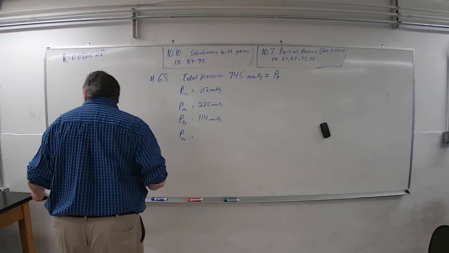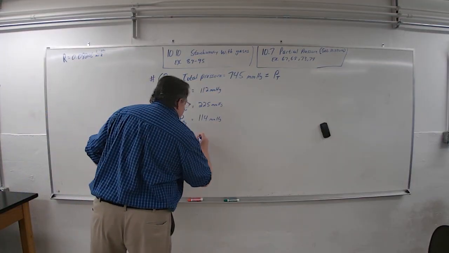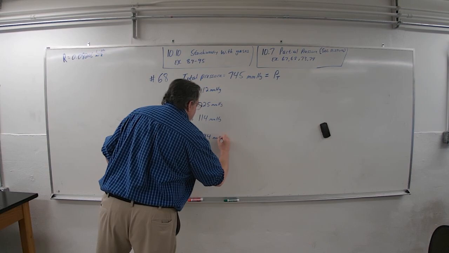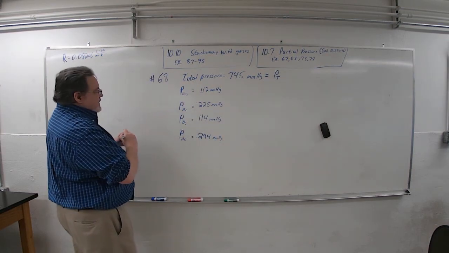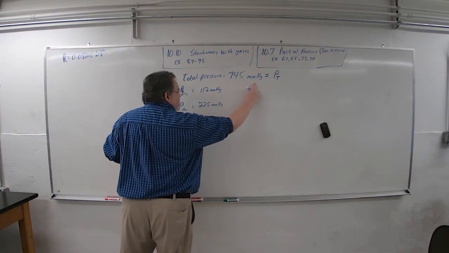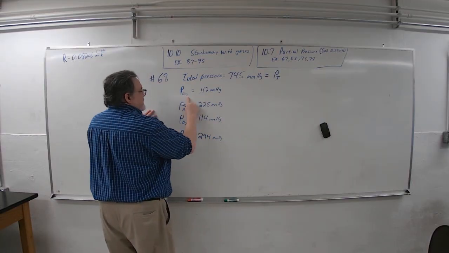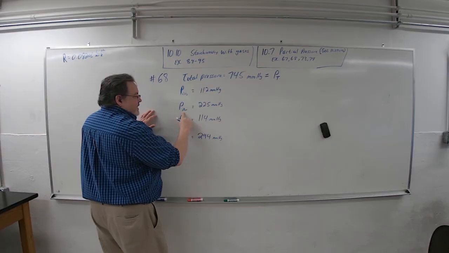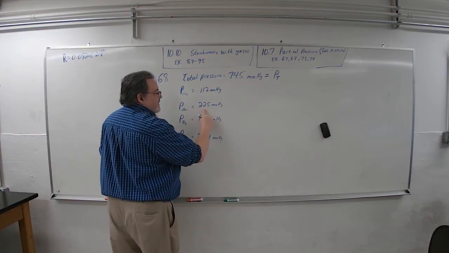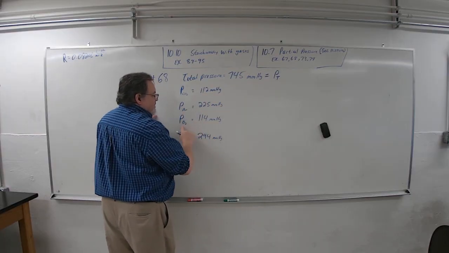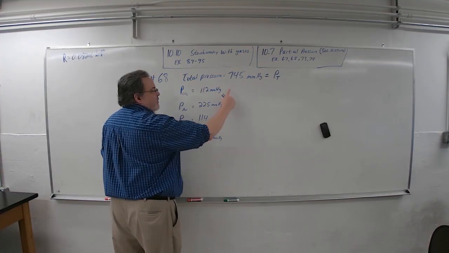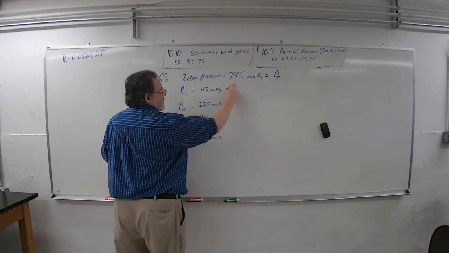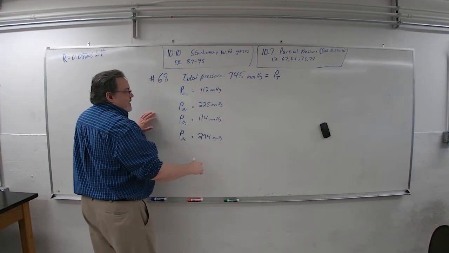What's left is 294. So, of this overall pressure, the CO2 is exerting 112 of it. Argon is exerting 225 of it. O2 is responsible for 114, and helium is responsible for 294. Meaning all of these add up to 745.